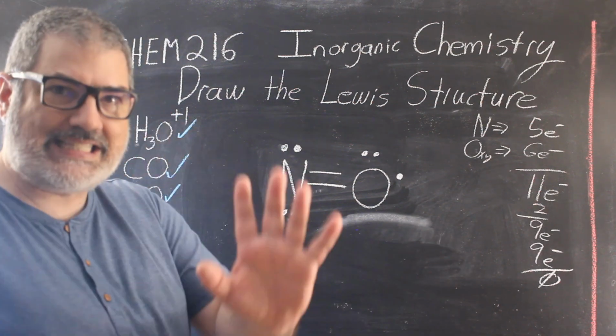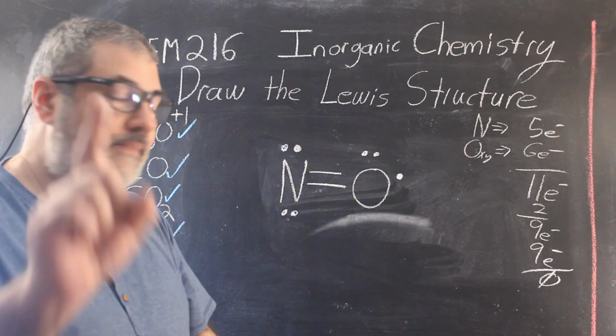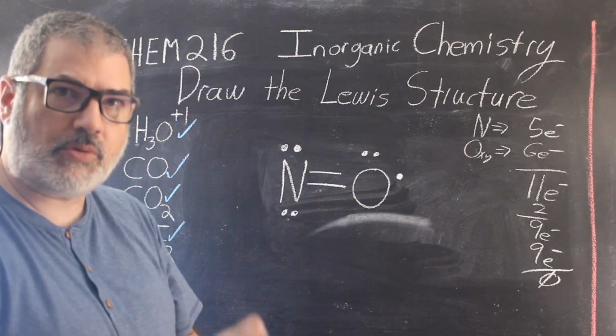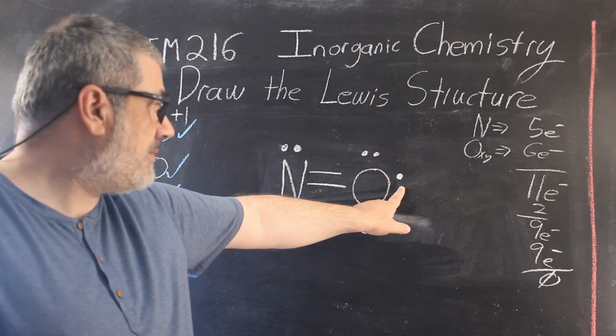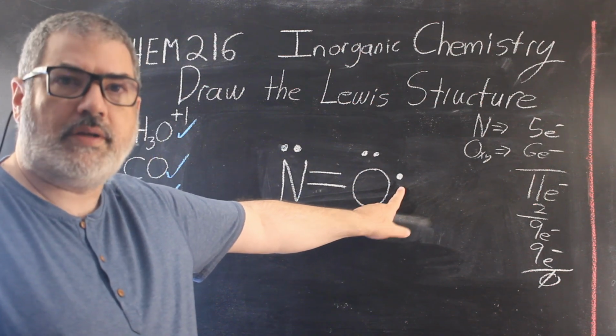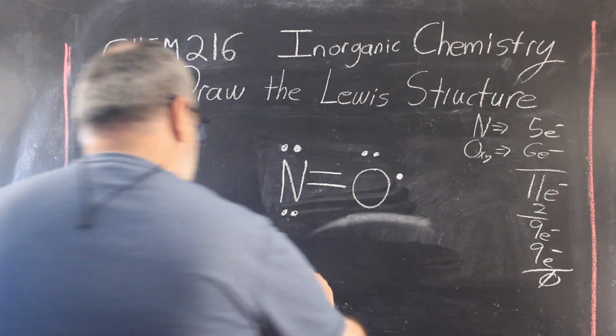So we're kind of stuck with this, but there is one variable that we need to discuss. I've put the unpaired electron on the oxygen. Why not do this instead?